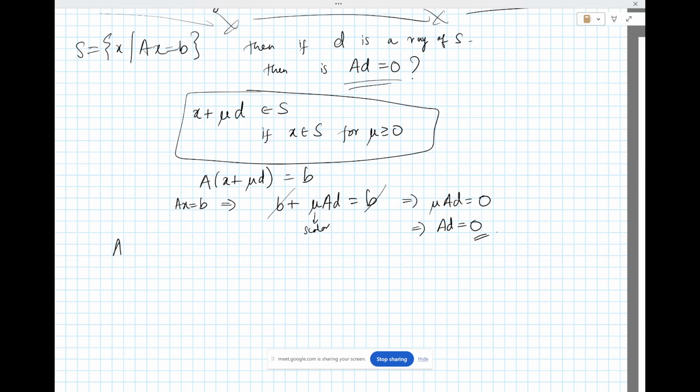So if Ax less than or equal to B was there, S equal to like this, then all rays of S will satisfy what condition? This AD equals to 0.